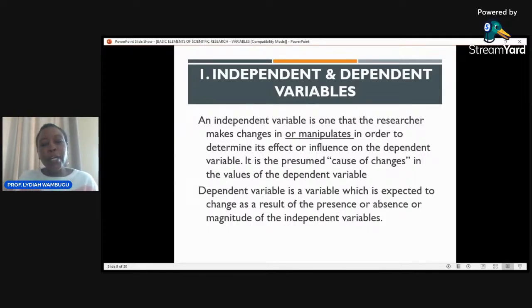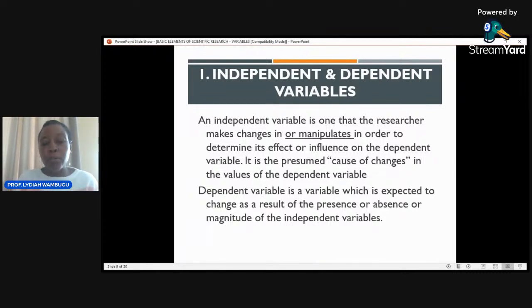And when you're looking at this slide, there is this part that says the IV is the presumed cause of changes in the values of the DV. I have put the word cause in quotes because in research, determining causality is not something where you just decide that X causes Y. In the first place, for you to say X causes Y, you must be using an experimental design and you must have controlled all the extraneous variables.